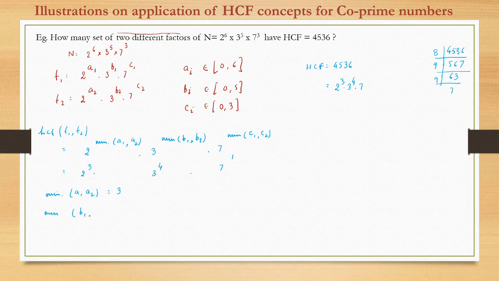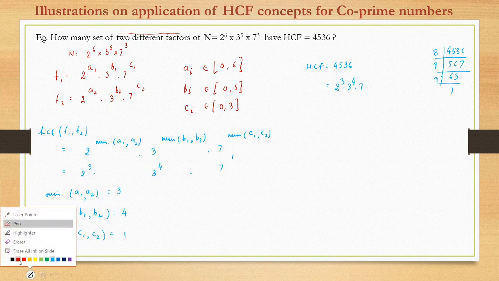Minimum of b1 comma b2 will have to be 4, and minimum of c1 comma c2 will have to be what? 1, right? 1.